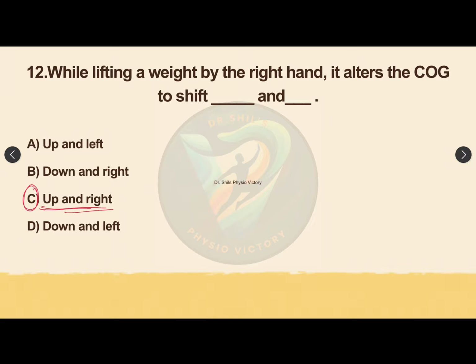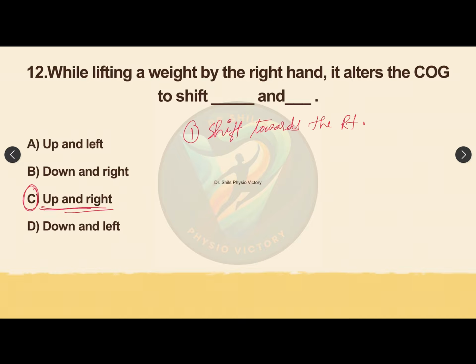When a person lifts a weight with the right hand, the combined center of gravity of the body plus object changes. First of all, the shift is towards the right.